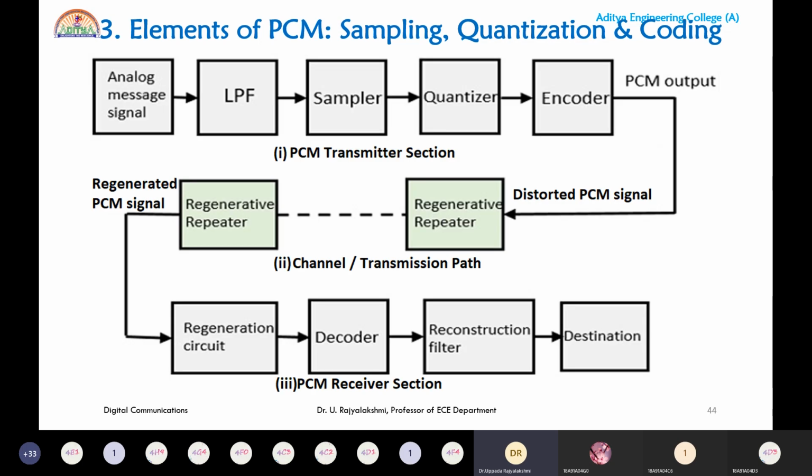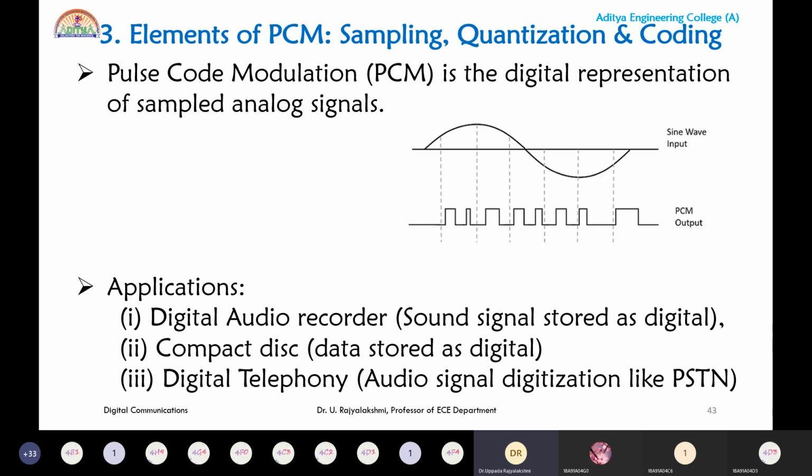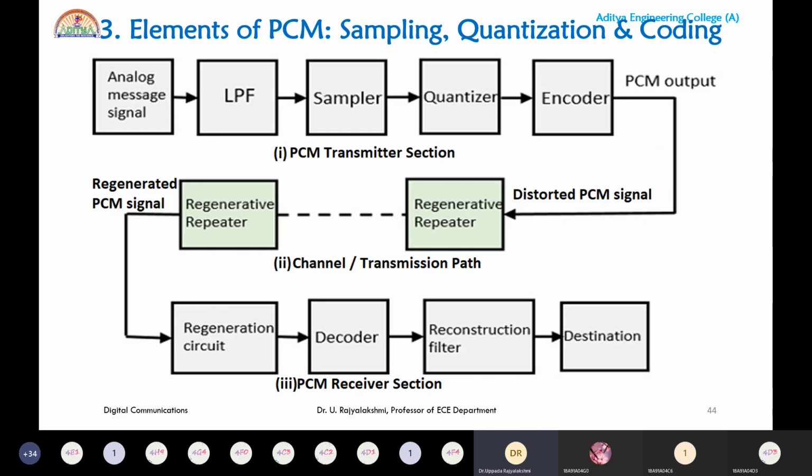Now, according to your syllabus, we can call this the block diagram of PCM, where you will have multiple number of elements in the transmitter section, receiver section, and in the channel. So let us observe the PCM transmitter section.